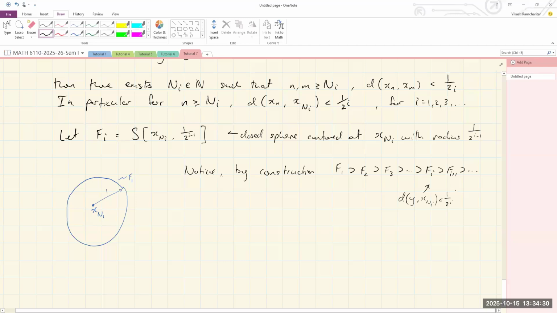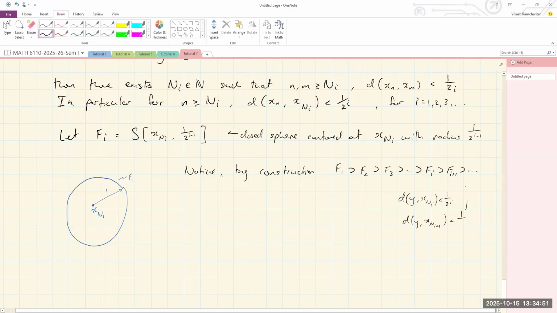And we want to show that the distance between y and x n I plus 1 is less than 1 over... oh sorry, I'm doing it backwards. That's why it's not working out.